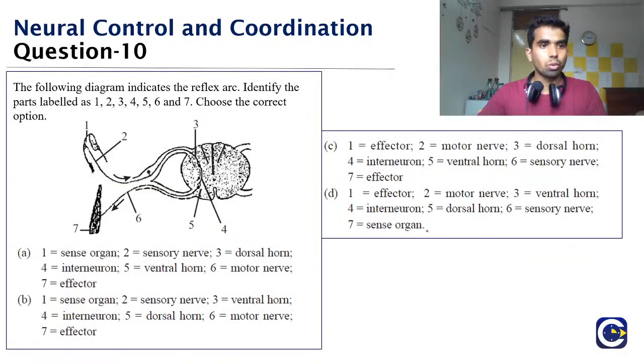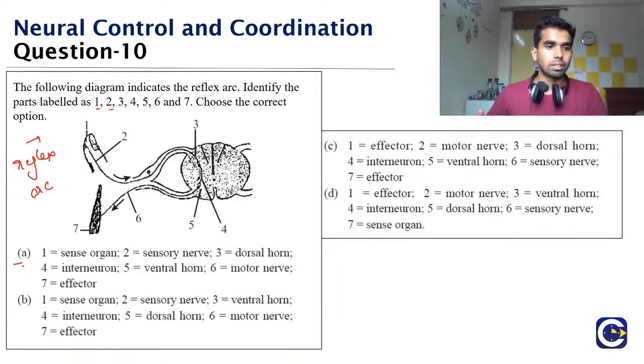Now coming to question number 10. The following diagram indicates the reflex arc. Identify the parts that are labeled as 1, 2, 3, 4, 5, 6 and 7 and choose the correct option. This diagram is a classical figure of a reflex arc, and you have to tell me what the components of the reflex arc are. These are the four options.